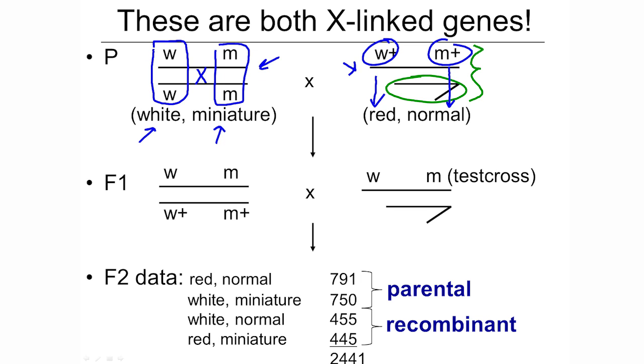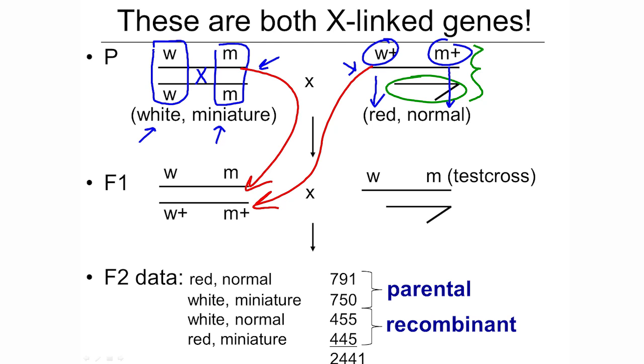It's not miniature. Now really what's going to happen in the F1 is this whole entire chromosome right here. We know that we're looking at only the females, by the way, in this case, and you'll see why in a moment. To make a female, an X chromosome has to come from the mother, right? And an X chromosome has to come from the father.